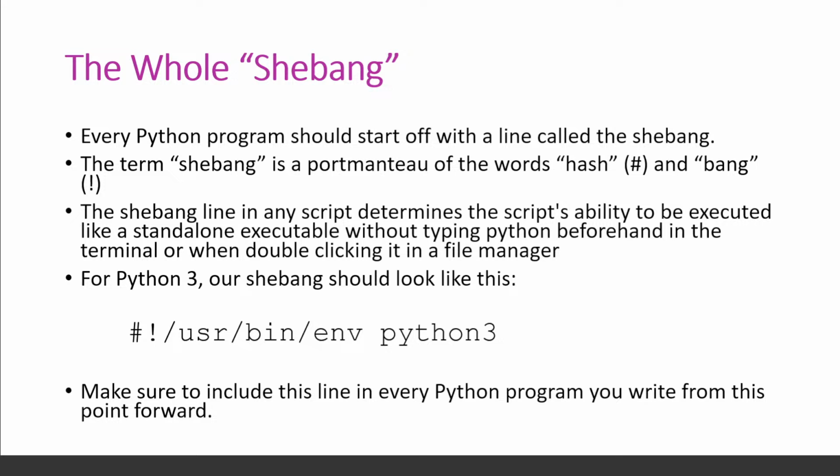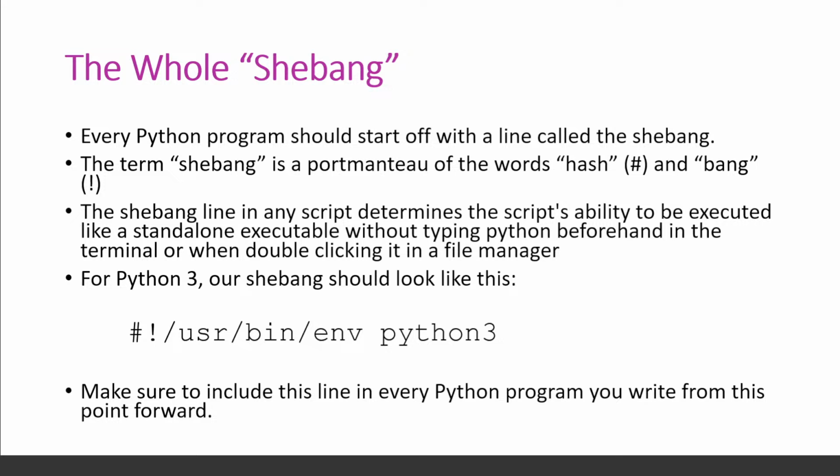Because this is getting to the idea that sometimes best practices are not requirements, but they're good to do. I don't need a shebang statement for my code to run. I can write Python code without having to write a shebang statement, but it is a good thing to have. Because this shebang statement basically lets my computer know which environment this program should be run in.